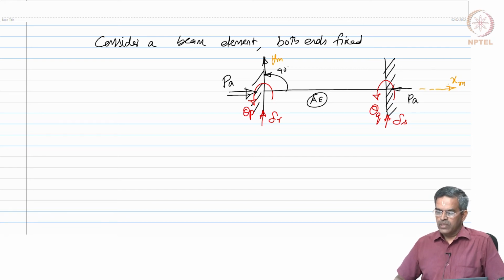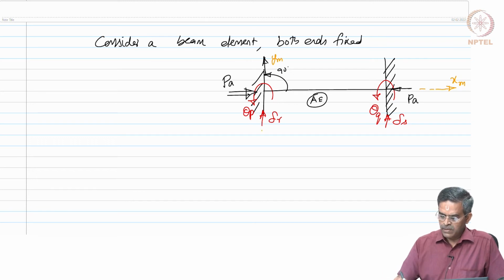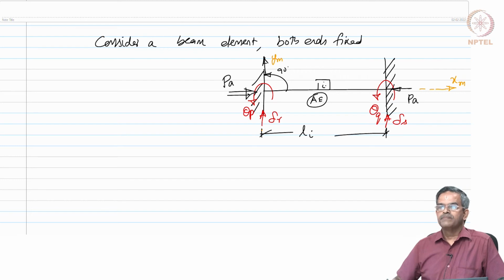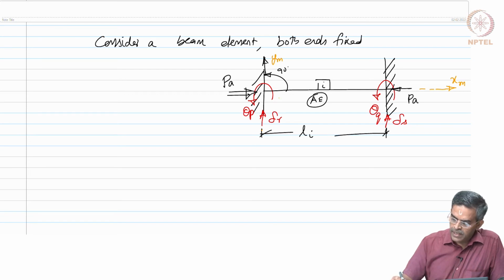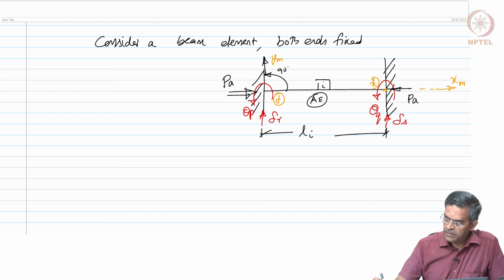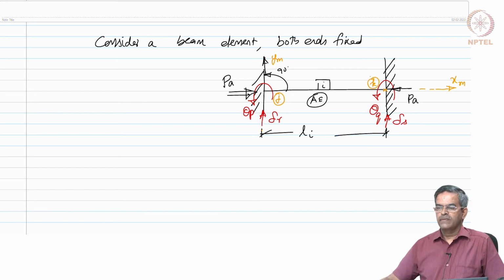Okay. So, there is no confusion in this, and the length of the member is Li, let us say it is an ith member, and we know that this is my jth end, this is my kth end, okay, that is how we have marked.